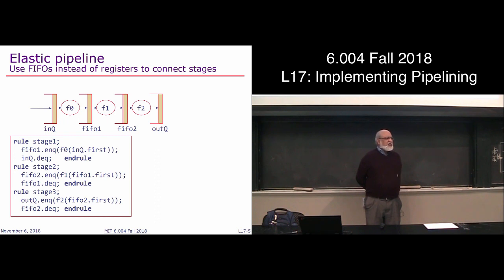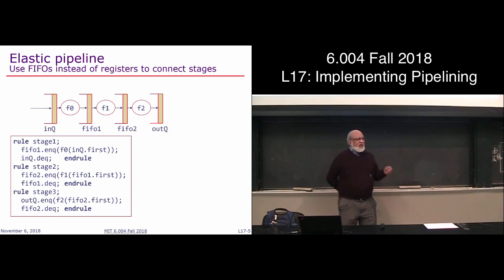What is the stage 1 rule? Pick something from the input queue and put it in the next queue. What is the stage 2 rule? Pick something from FIFO 1 and put it in FIFO 2. Yes? Are these rules easy to write? Yes.